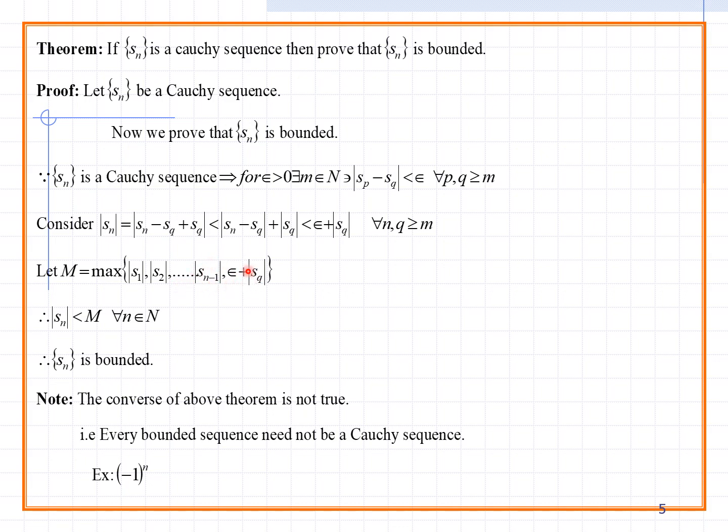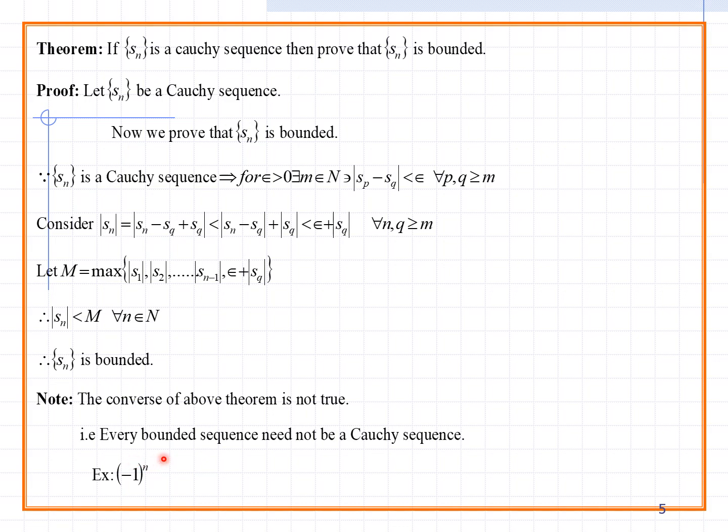So in this set, I can take the maximum value, and that maximum value is treated as capital M. So modulus Sn is less than M for all n belonging to N. So modulus Sn is valid from minus M to capital M. Automatically minus M is there, capital M is there. Automatically the sequence Sn is bounded. Therefore, if Sn is a Cauchy sequence, then the sequence Sn is also bounded.